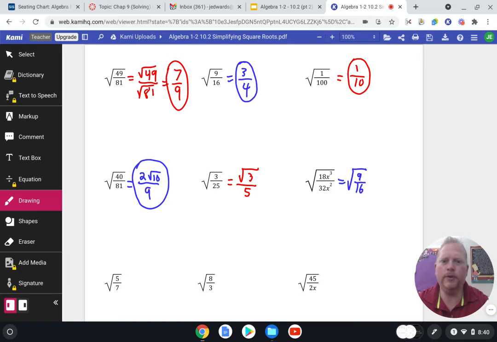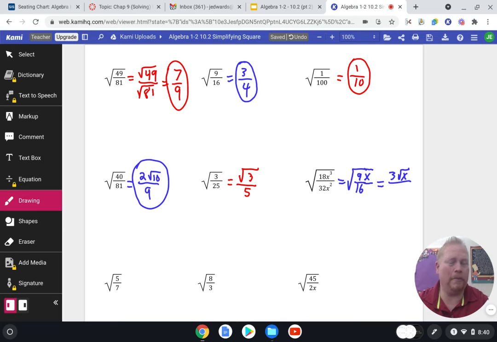And then let's reduce the x's. I've got 3 x's on top, 2 x's on bottom. So if I do a little bit of canceling, I get a single x up on top. Now, if I try to simplify that, the square root of 9 is 3, but that x stays underneath the square root.